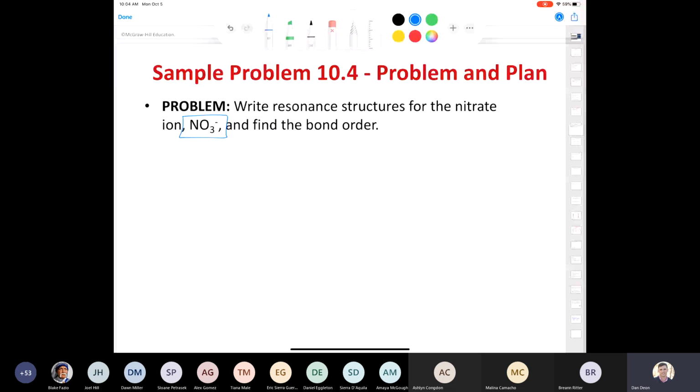All right. I see that somebody typed in the number of valence electrons, and that person is correct.